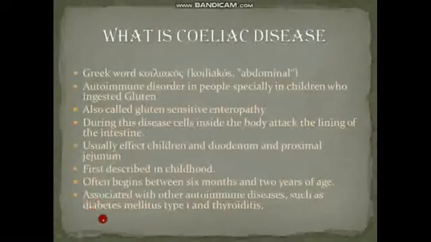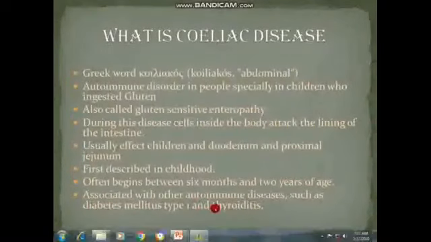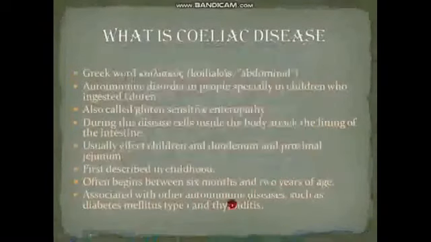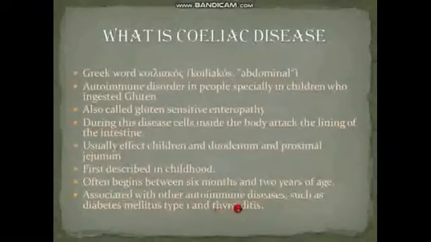When insulin is not produced, the sugar molecules, or carbohydrates, are not broken down, due to which diabetes mellitus occurs. Another disease that occurs with celiac disease is thyroiditis. During this disease, inflammation occurs in the thyroid gland.